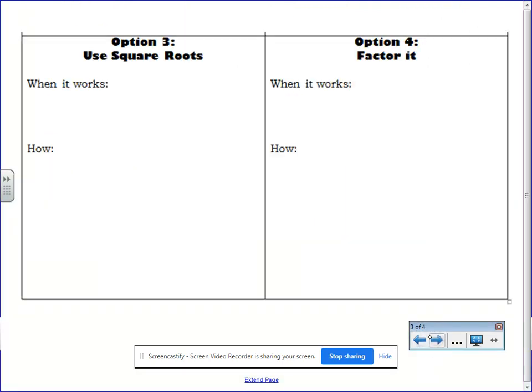All right. So go back to that sheet that we had yesterday, the 4 ways to solve one. This is option 3, because I usually teach it third, but since I'm gone, it's actually quite a bit easier than the quadratic formula, and I want to be here to teach you the quadratic formula, so we're doing option 3 for option 2. So when this works, remember I said you can only use it when you don't have a B term.